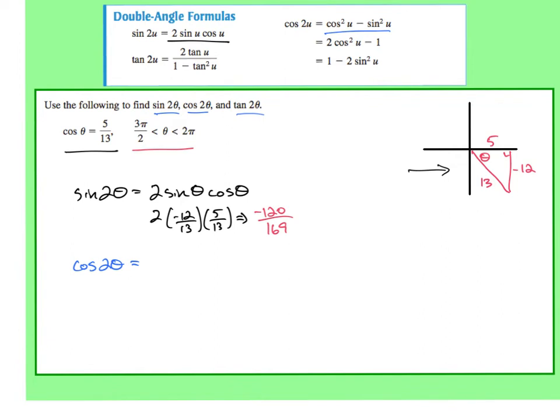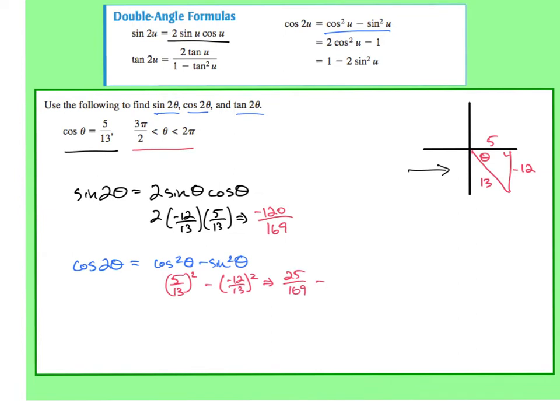Okay. So now I have cosine squared theta minus sine squared theta. So what's the cosine of my theta? 5 over 13, and then I'm going to square it. And then what's the sine of my theta? Negative 12 over 13, and I'm going to square it. So 5 over 13 squared is 25 over 169.